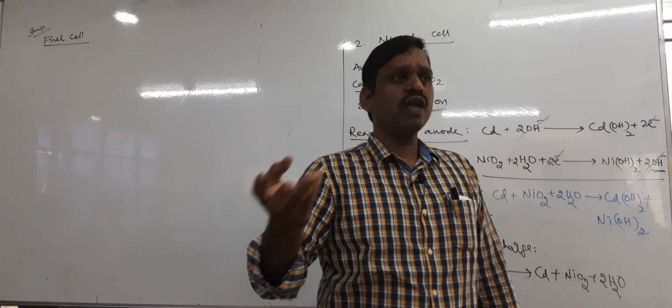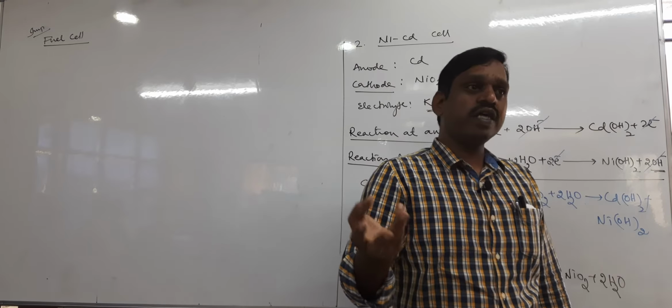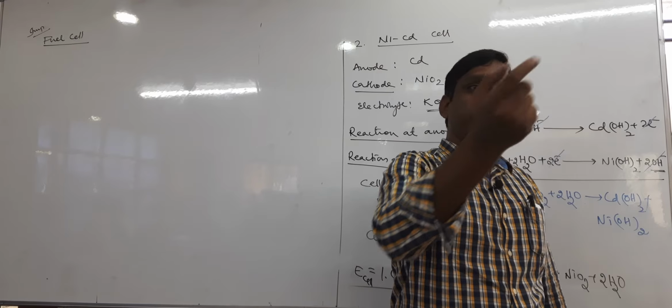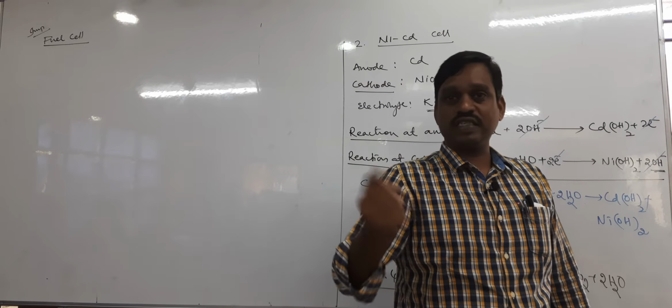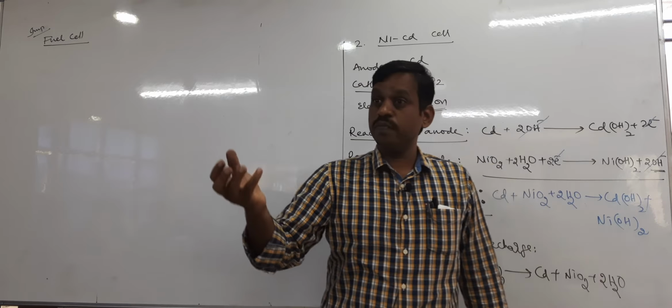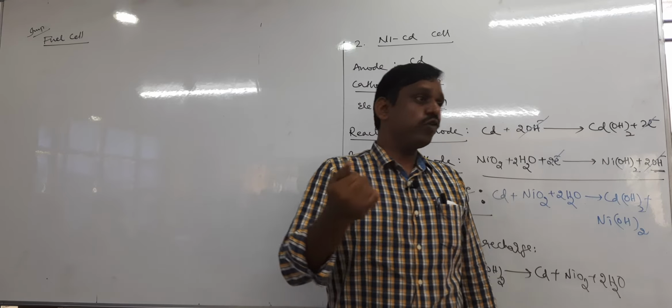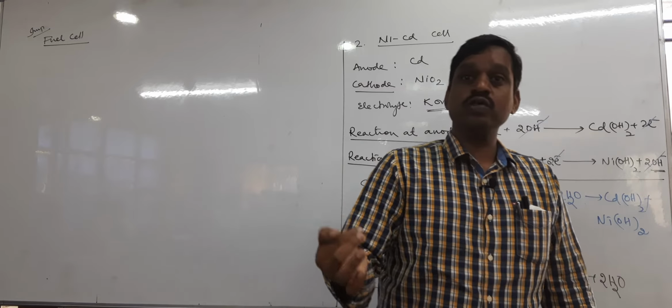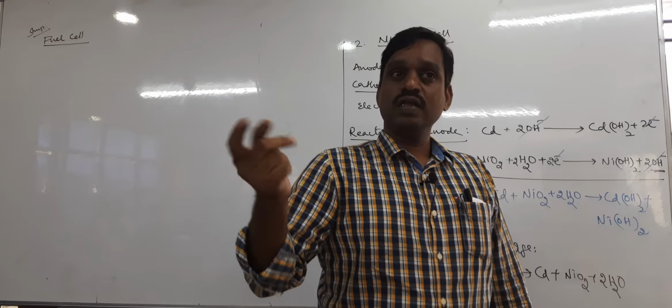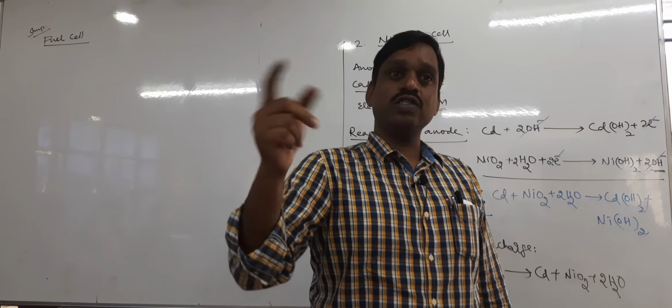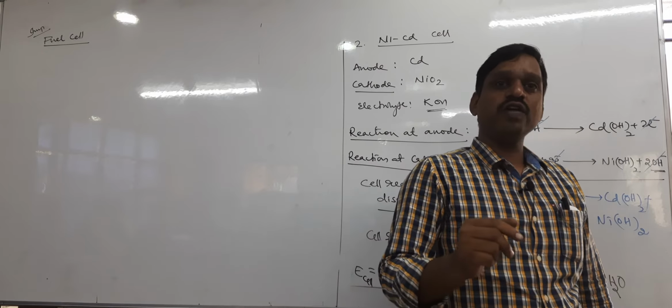Methane or hydrocarbons. A mixture of hydrocarbons is a fuel, like petrol, diesel or LPG, natural gas, etc. Or even methyl alcohol, ethyl alcohol, they are also fuels. And even you can use hydrogen and oxygen. The combustion of hydrogen and oxygen is also an example of a fuel cell.